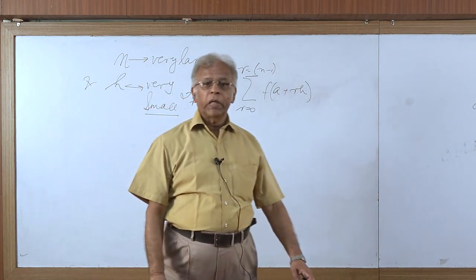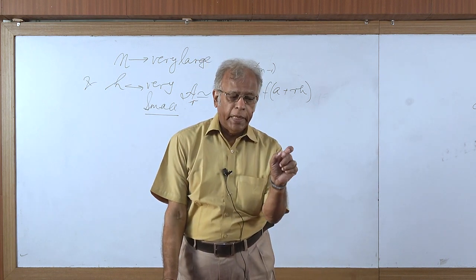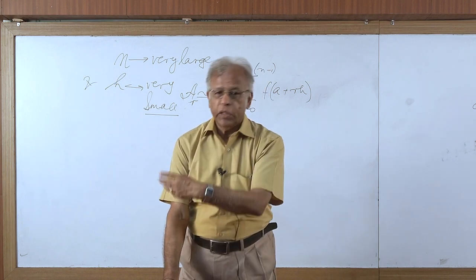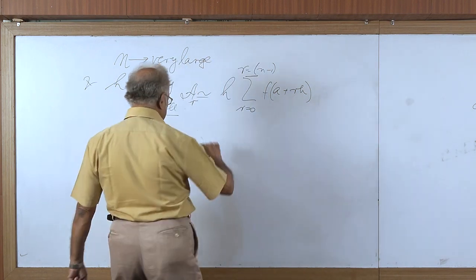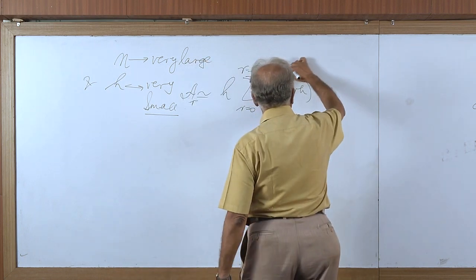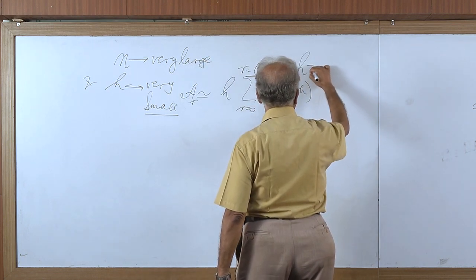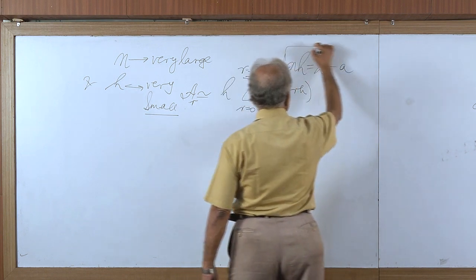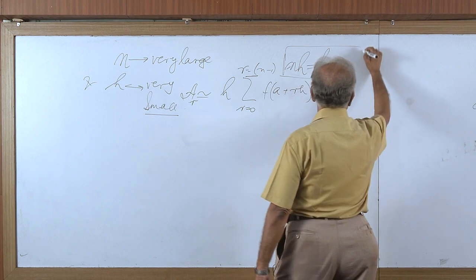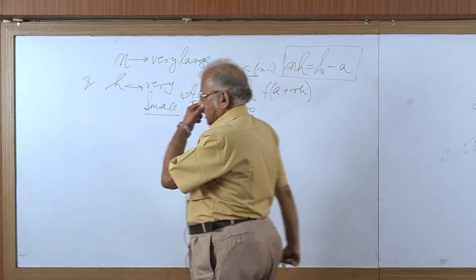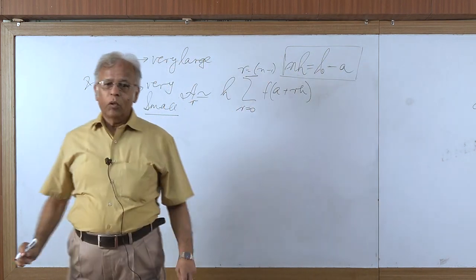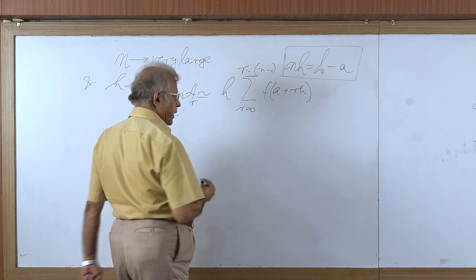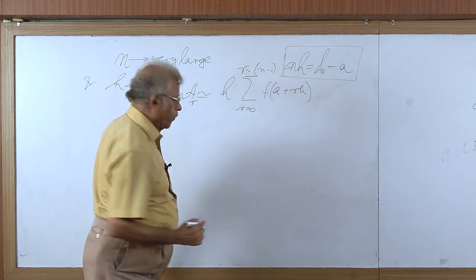But we can never forget that n strips together give the difference from a to b. That means the width of n strips, which is nh, must be equal to b minus a. This is very important. Now we can think of this as follows. Supposing there are two people, let's say a husband and wife.